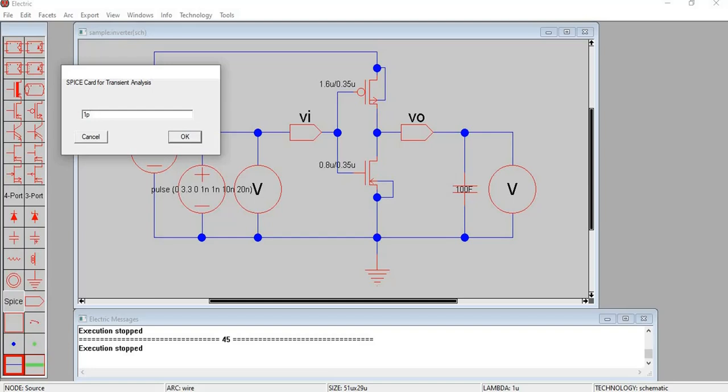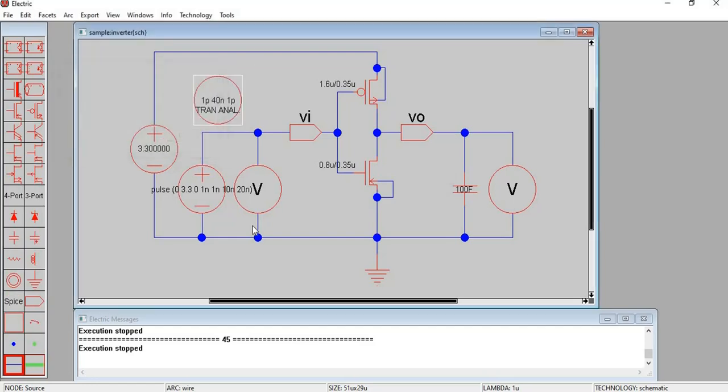Then the next value represents how long you want your simulation to run. In this case, I want to run it for 2 complete cycles. Since the period for our pulse is 20N, we're just going to double that value to 40N. Then 1P.